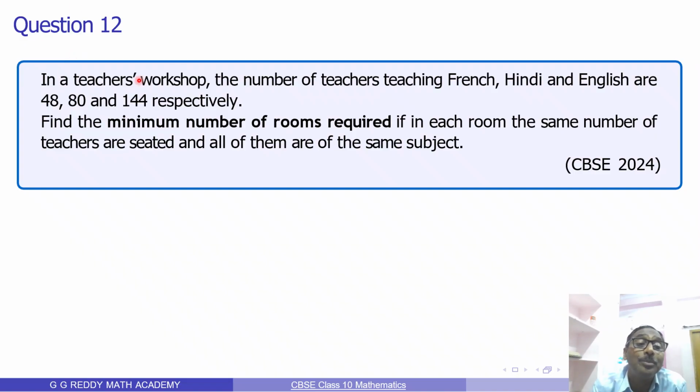Question number 12. In a teacher's workshop, the number of teachers teaching French, Hindi and English are 48, 80 and 144 respectively. Find the minimum number of rooms required, if in each room the same number of teachers are seated and all of them are of the same subject.